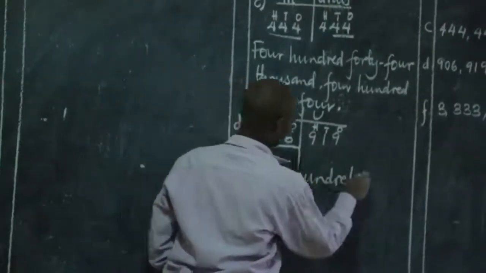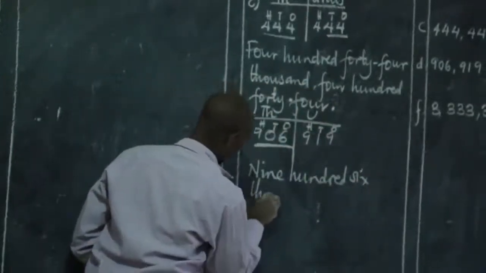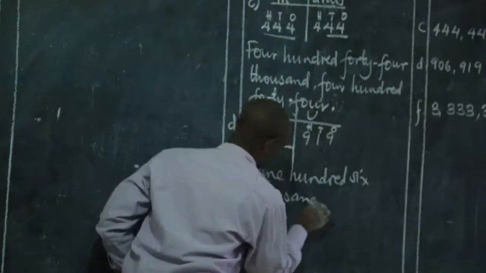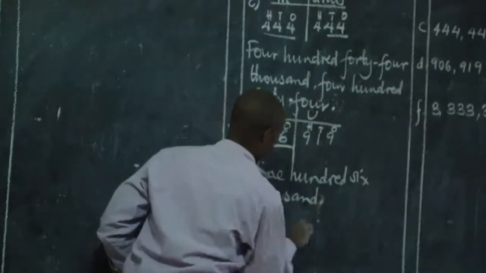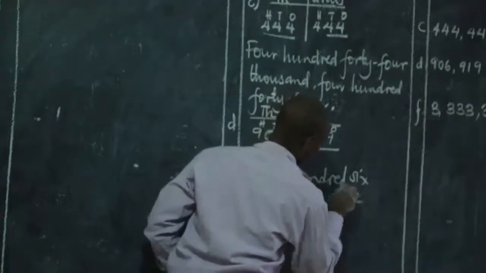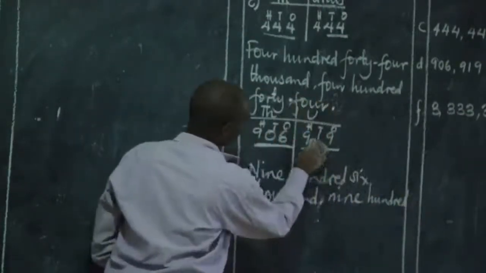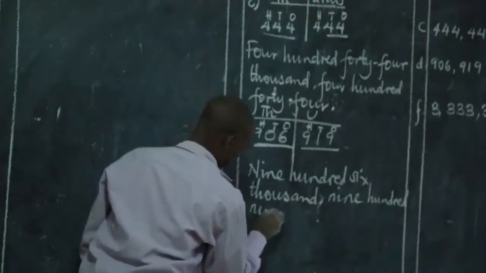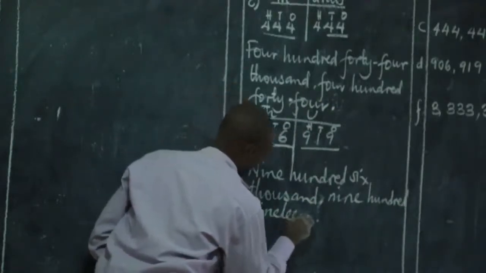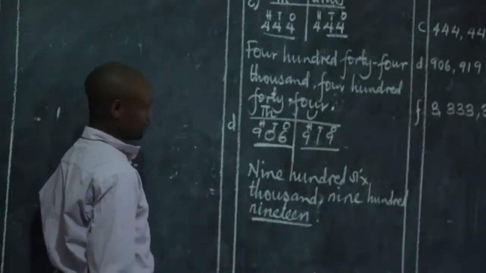And what is this? 6. But in the place values of thousands. Then how do we read this one? 900. And this one, 19. And the spelling of 19 is that one.